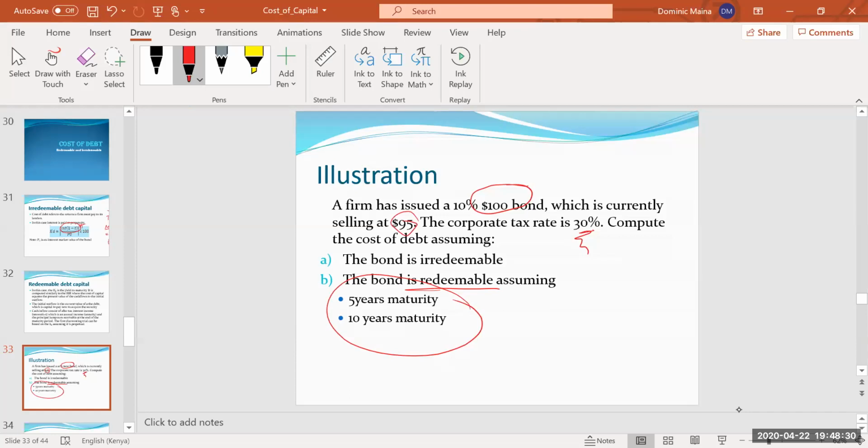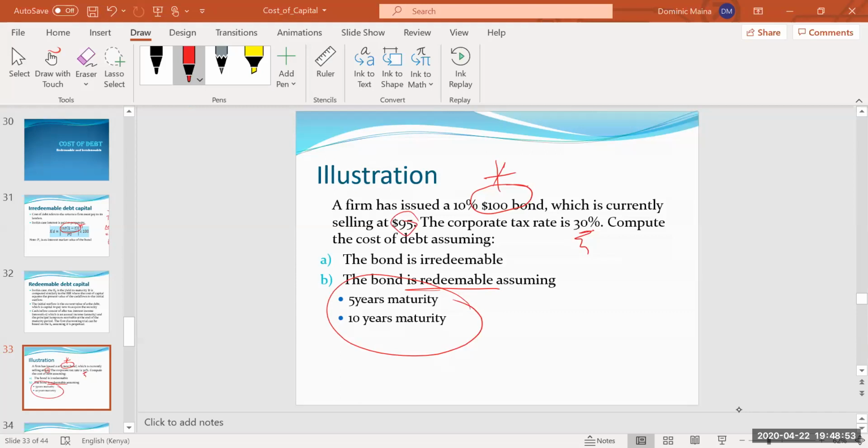Now in this question, don't forget there's no mention of the redemption value. There's no mention of how much the investor will be getting in year 5 upon the bond redemption. It is silent. Don't forget what we mentioned: if that's the case, we assume the redemption is occurring at the nominal value, the par value, in this case the $100.